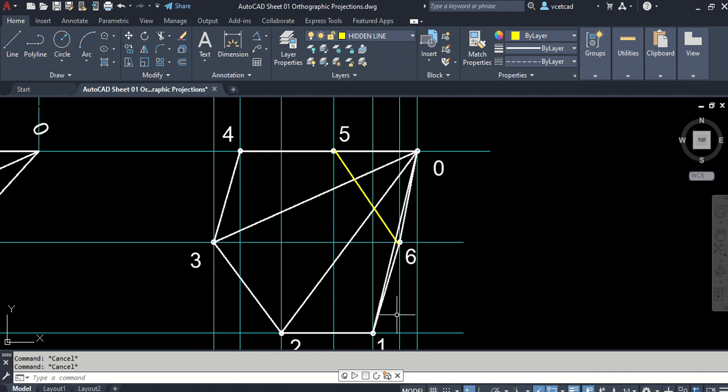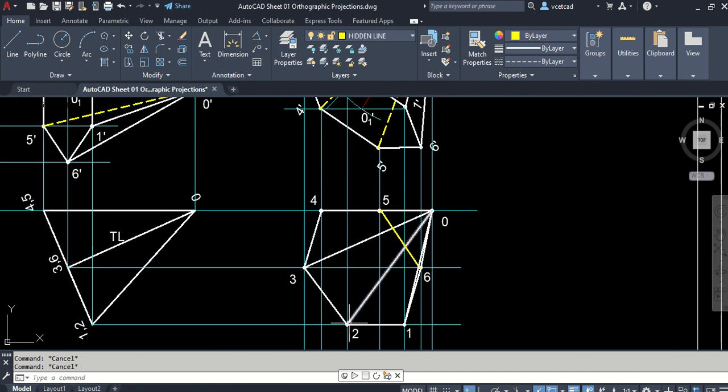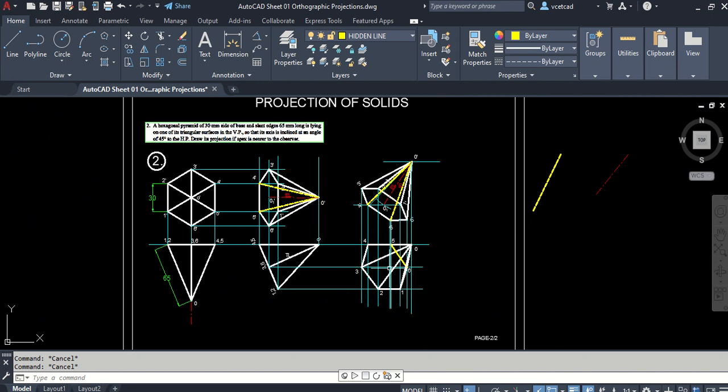Okay, so this will be the top view of the object.